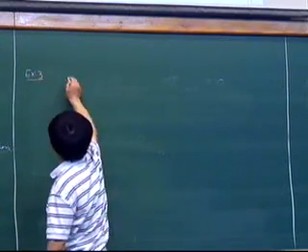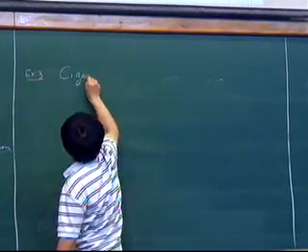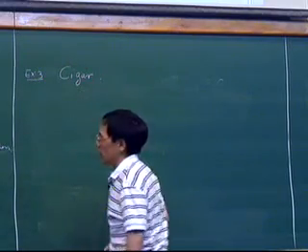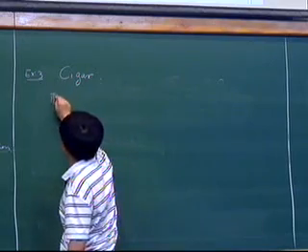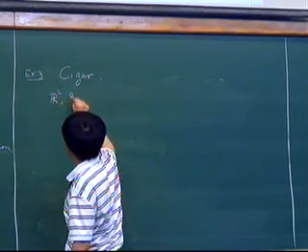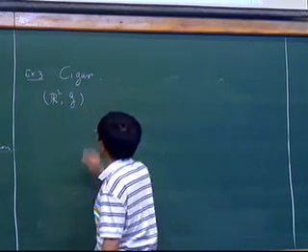The important example, example 3, is the cigar. That is due to Hamilton in the two-dimensional case, R2. You have a metric and you have f.